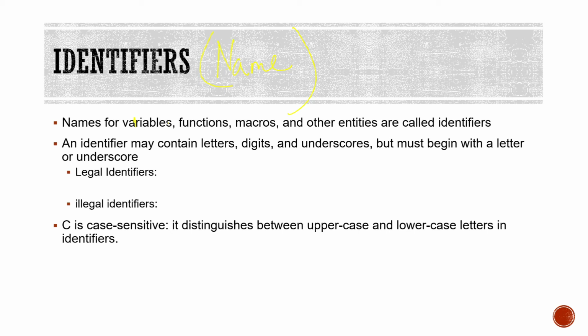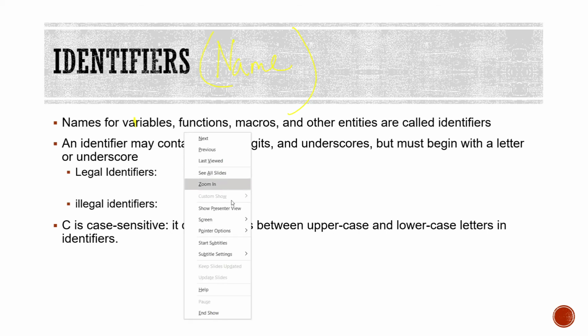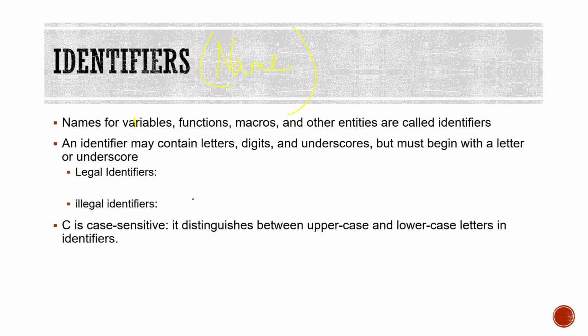So, an identifier may contain digits and underscores, but must begin with a letter or an underscore. All right, so what is a legal identifier? A legal identifier can contain a letter, a digit, or an underscore, but it cannot begin with a digit.